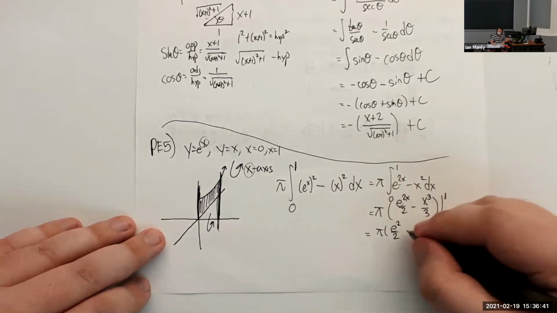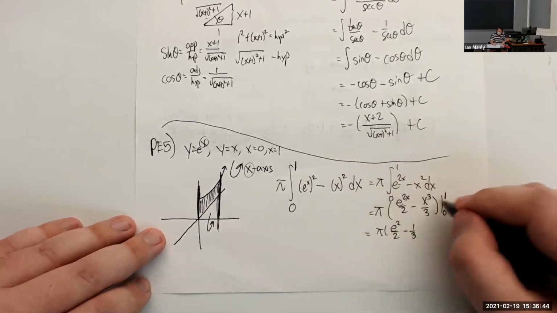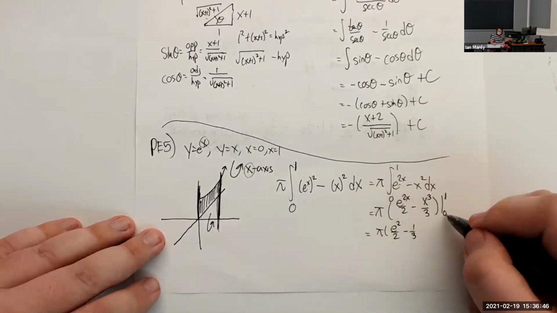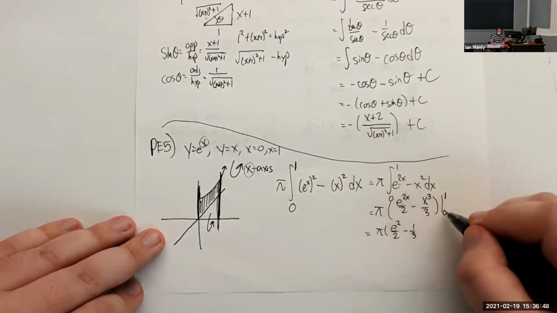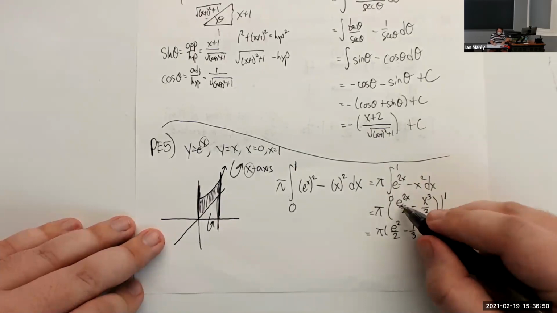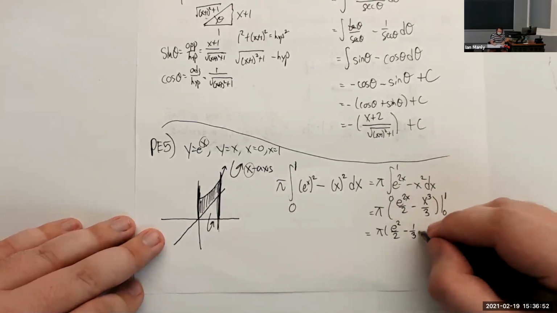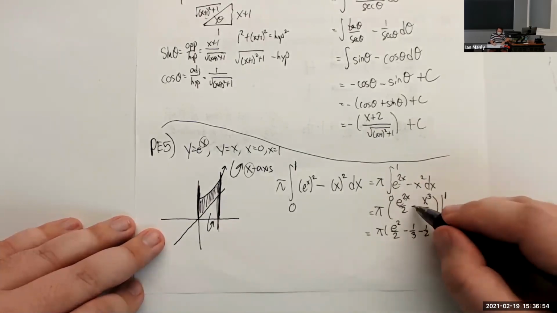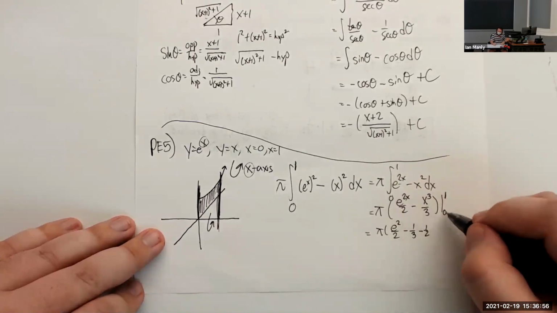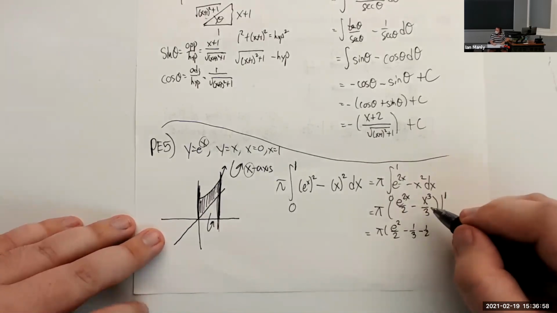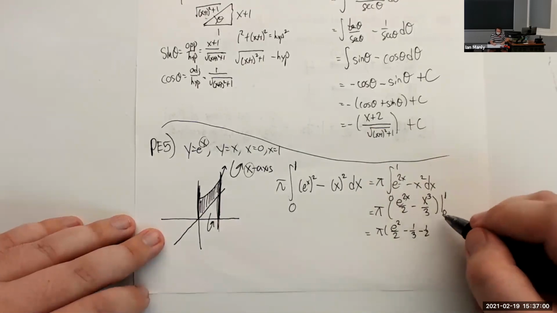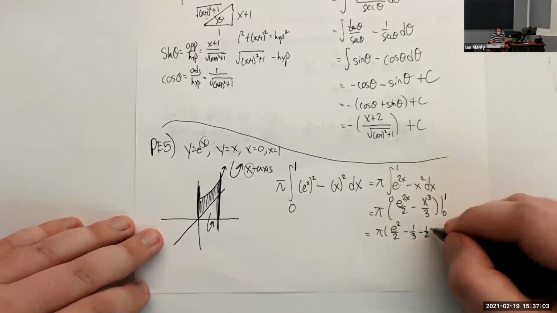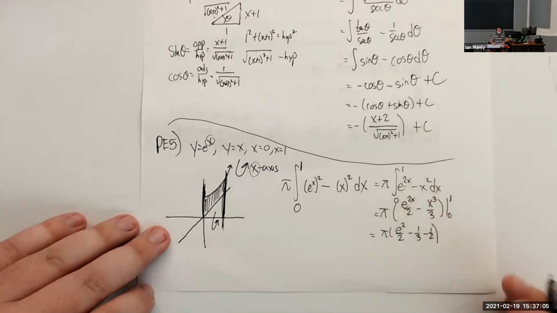And then I subtract 1 over 3. Then I'm going to subtract this whole thing when I plug in 0. So I do minus e to the 0 over 2. And then plus, because I get a minus sign from this being the second bound, I'm going to do plus 0 over 3. But that's just not going to be there.